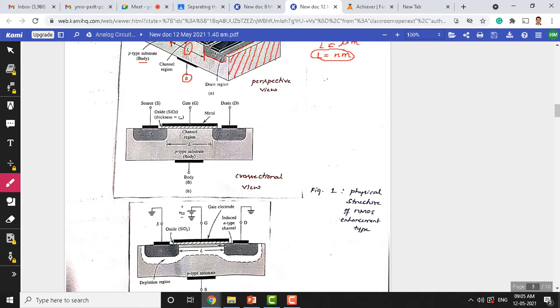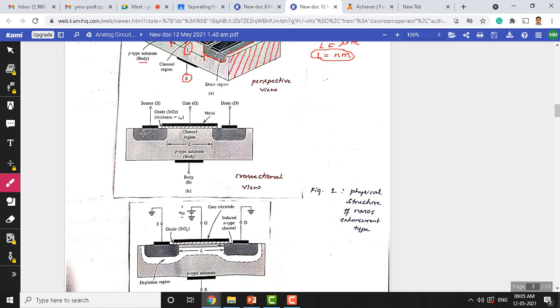Okay, so now the electrons cannot move from source region to the drain region, because these two are isolated due to the p-type substrate region in between them. So this type of semiconductor is opposite to that of source and drain region, therefore current cannot flow.